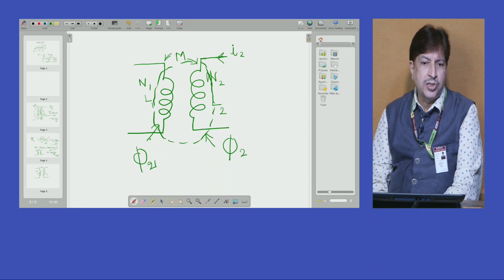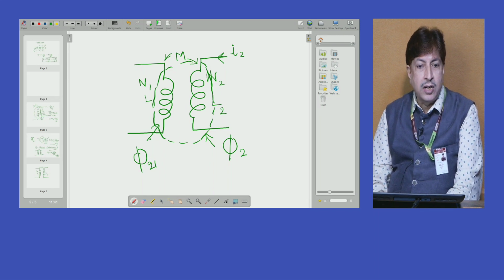So the second suffix represents the other coil where the flux is linking.